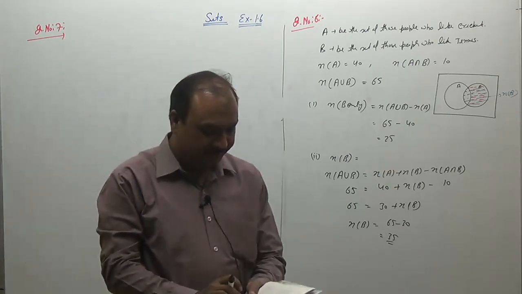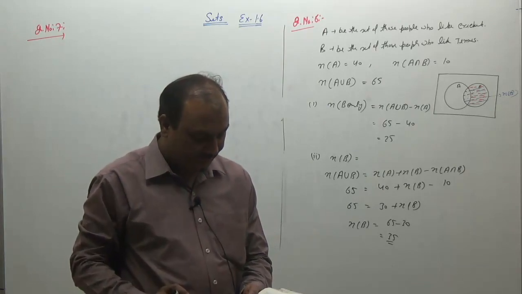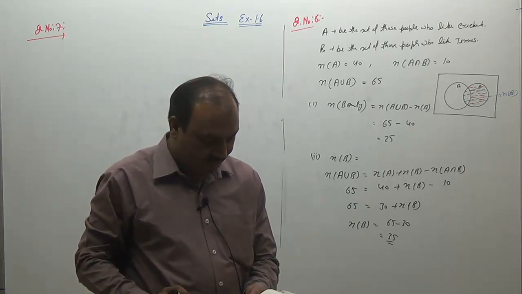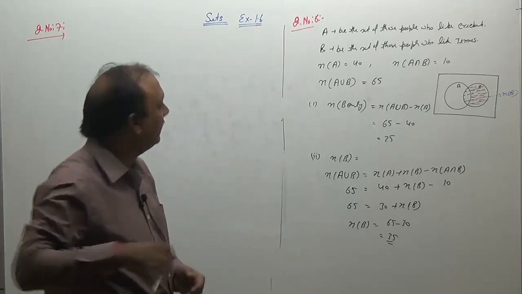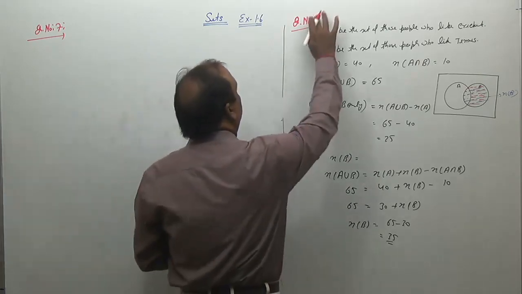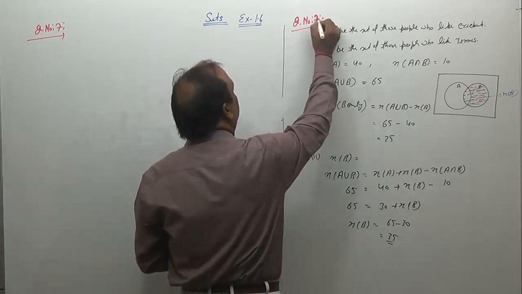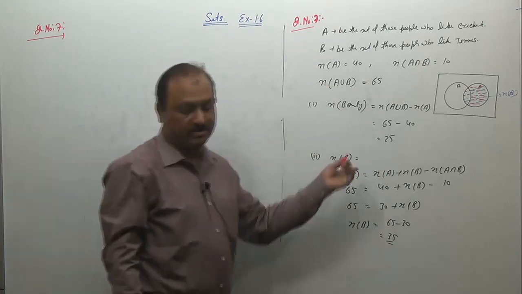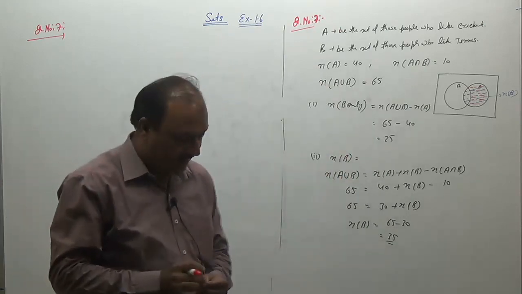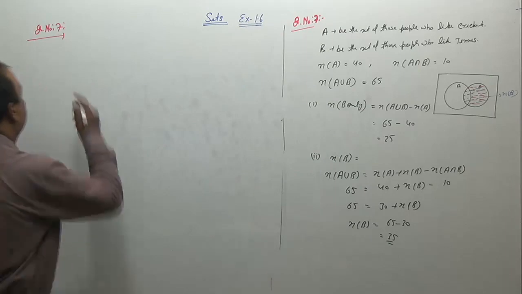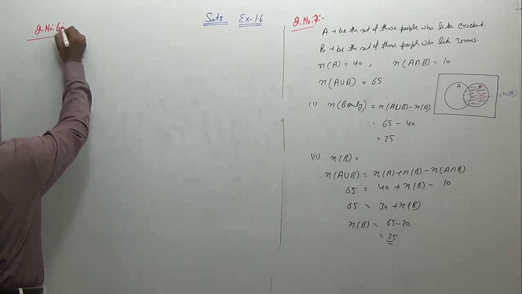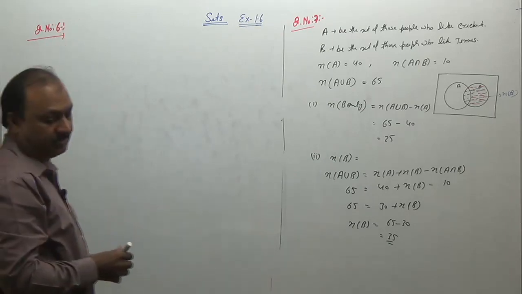Sorry, there is a mistake. This one is the solution of question number 7, and there is a question missing between them, which is question number 6. Now, question number 6.